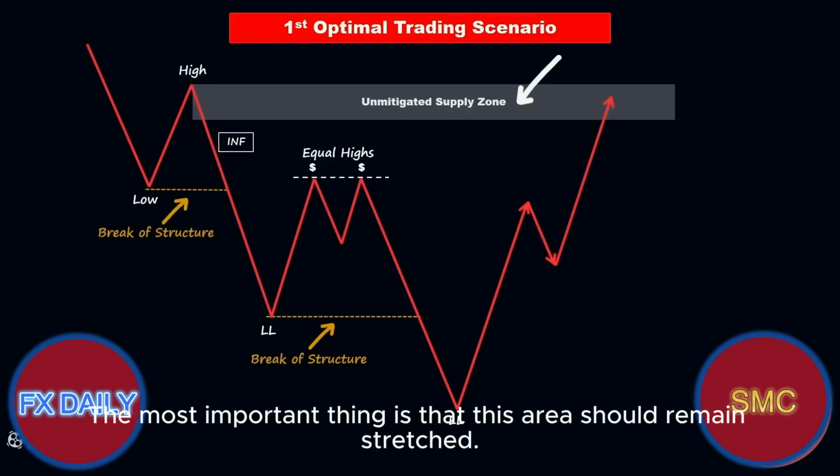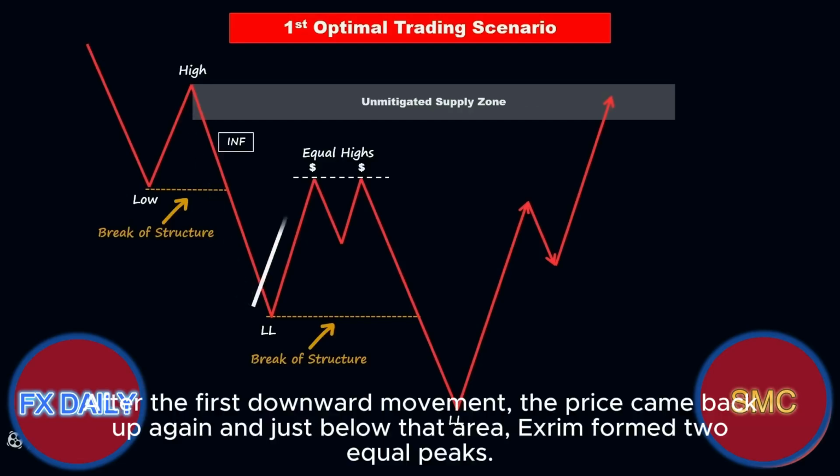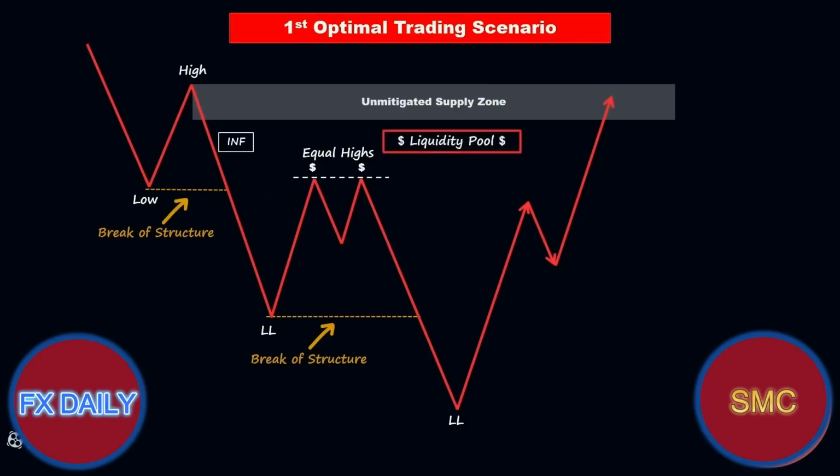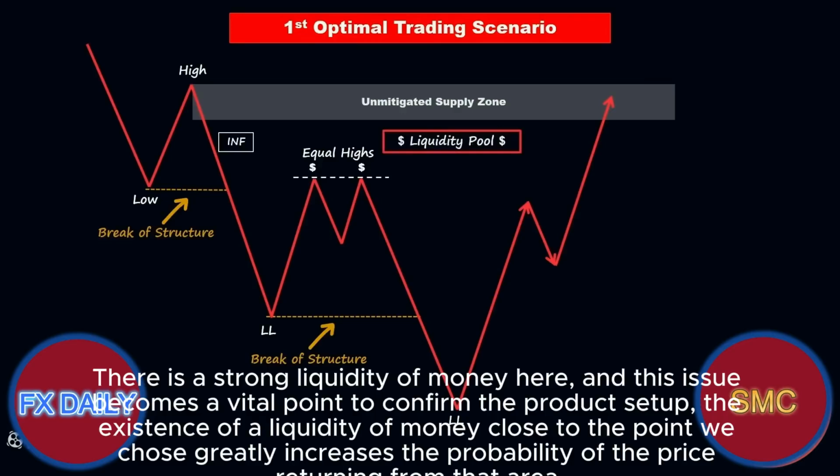The most important thing is that this area should remain untouched. After the first downward movement, the price came back up again, and just below that area, it formed two equal highs. There is strong liquidity here, and this becomes a vital point to confirm the setup. The existence of liquidity close to the point we chose greatly increases the probability of the price returning from that area.